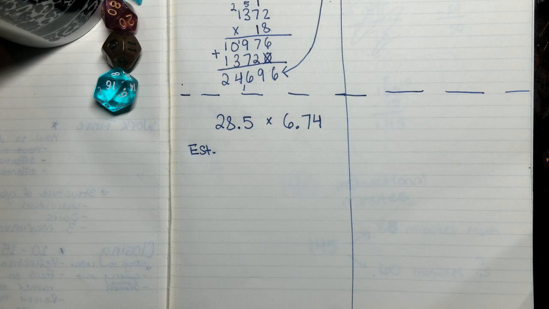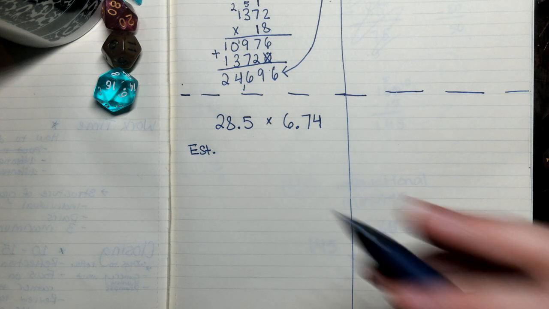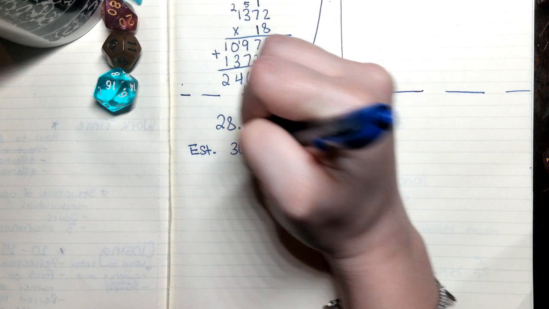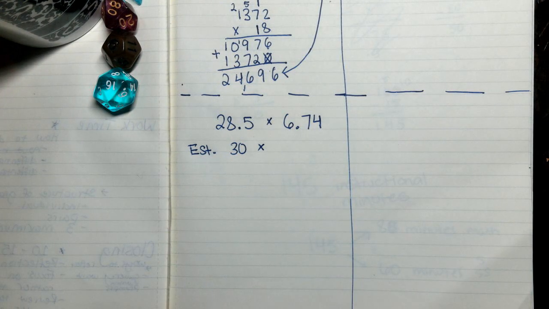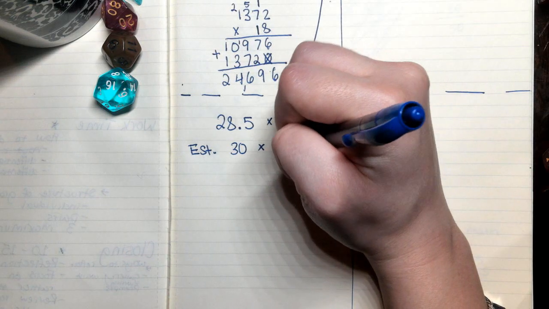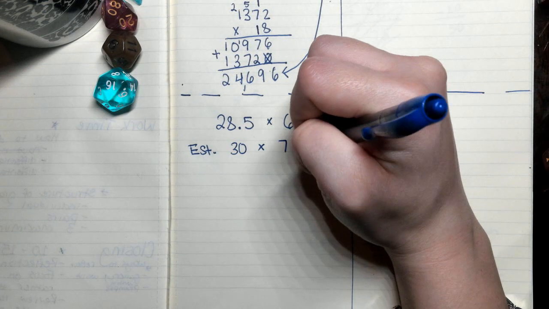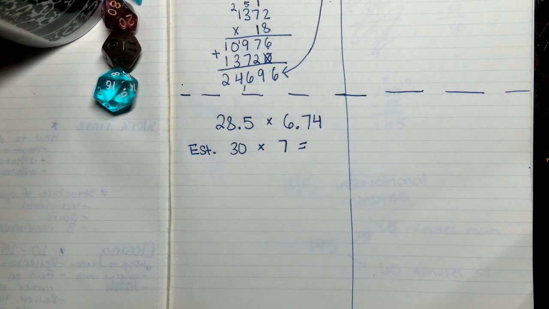I don't know about you, but I don't round with 29 in my head. But I could probably round with 30 in my head. So I'm going to go all the way to 30, because it's not really far. And then 6.74. I could probably just take that one as 7. I don't need to go all the way to 10 or anything, because 7's a low number. So what's 30 times 7?